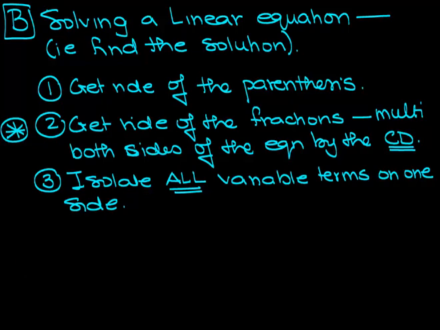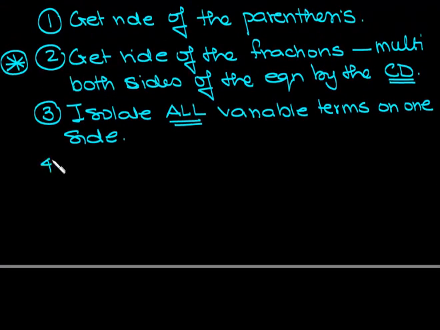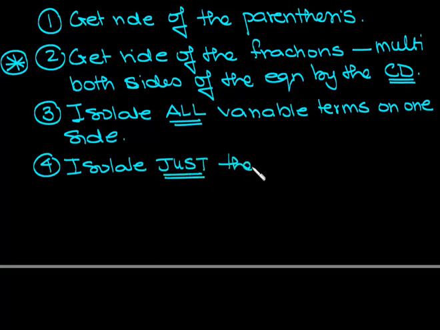That means you move everything else to the opposite side. And then the last thing we want to do is isolate just the variable. So there are just 4 simple steps to follow when you're solving an equation.